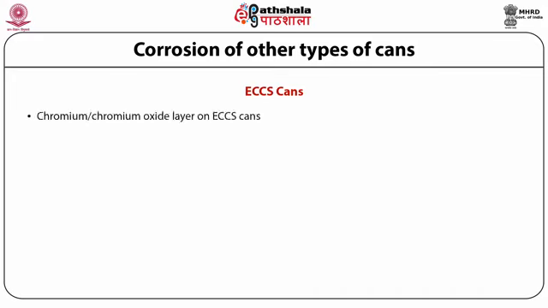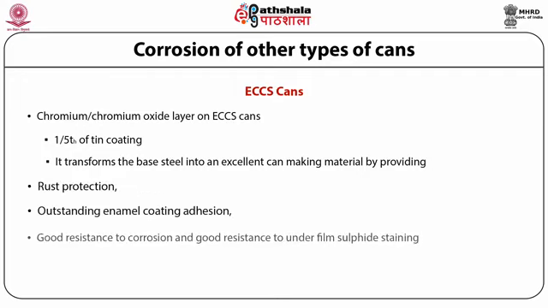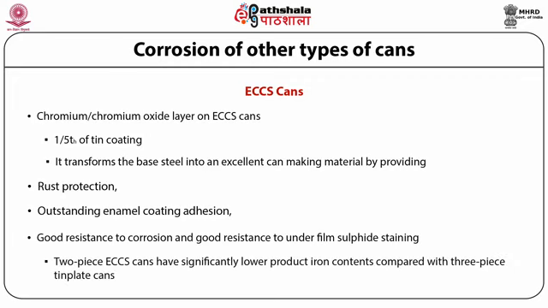Although the chromium or chromium oxide layer on ECCS cans is only approximately 1/5 the thickness of typical tin plate coating, it transforms the base steel into an excellent can making material by providing rust protection, outstanding enamel coating adhesion, good resistance to corrosion, and good resistance to underfilm sulfide staining. 2-piece ECCS cans have significantly lower product iron contents compared with 3-piece tin plate cans.